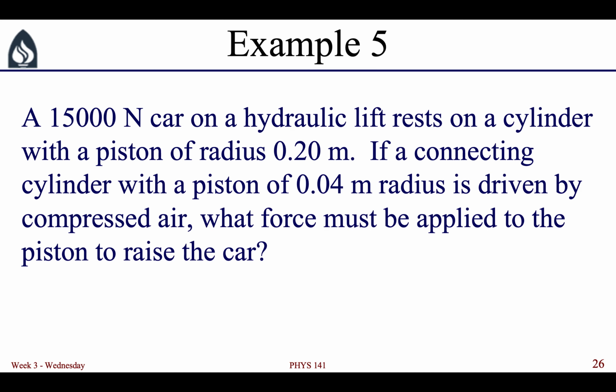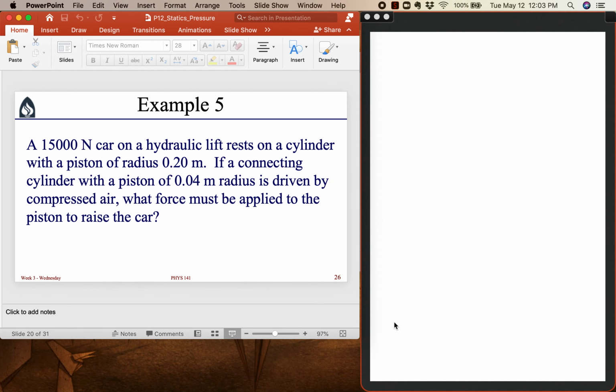So the most important thing with this is to draw a picture showing how the hydraulic lift is working. With this hydraulic lift, you have two cylinders. You have a small cylinder, and this is the cylinder upon which you exert the force.